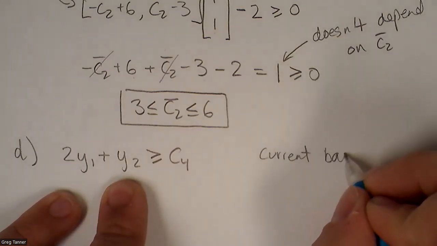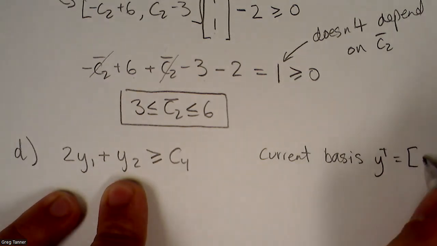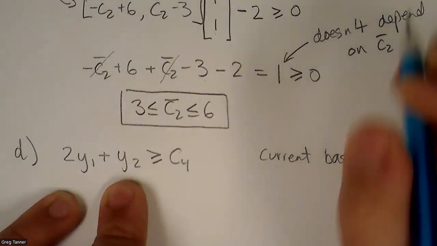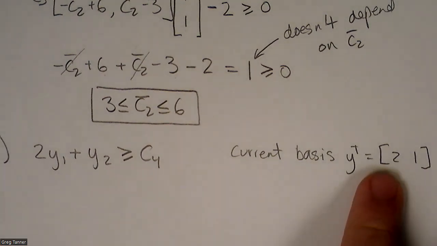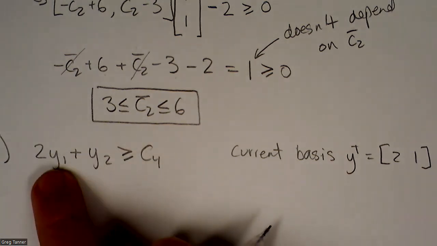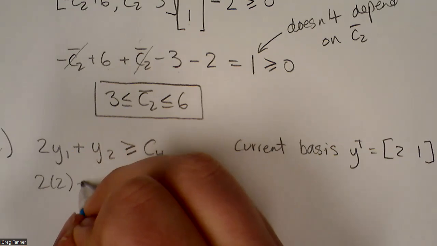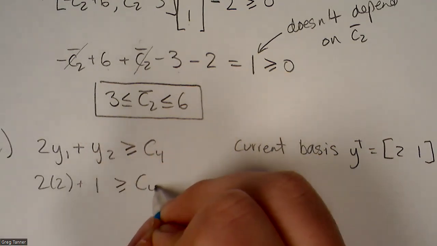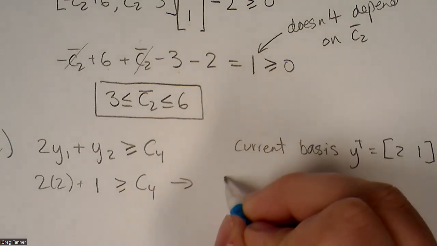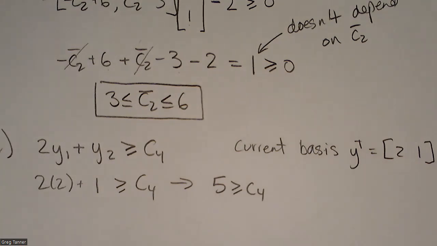So for the current basis, y is equal to 2, 1, and we noted that earlier. So let's plug in the values 2 and 1 for y1 and y2. And so we'll get 2 times 2 plus 1 is greater than or equal to C4. That tells us that 5 is greater than or equal to C4.